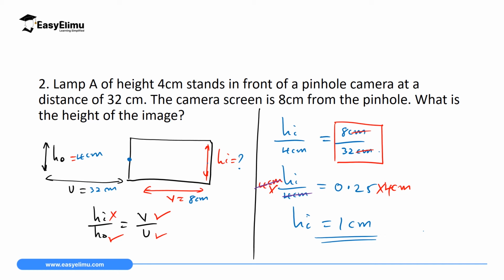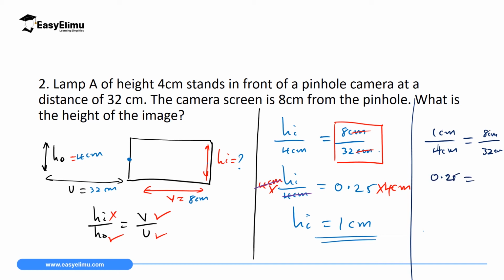And if you want to prove this, then you can equate the two. HI we have got as 1 centimeter divided by 4 centimeters, which is HO, is supposed to be equals to 8 centimeter divided by 32 centimeter. Now 1 divided by 4 is the same as 0.25.